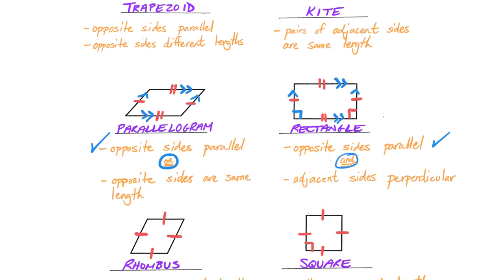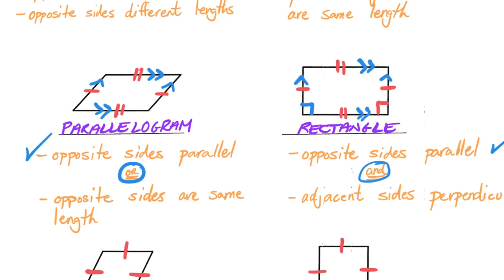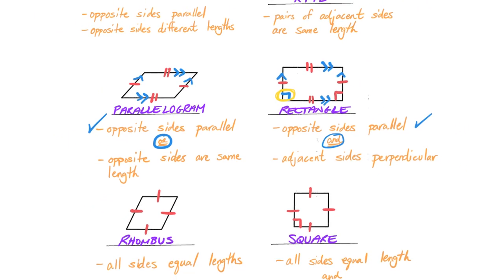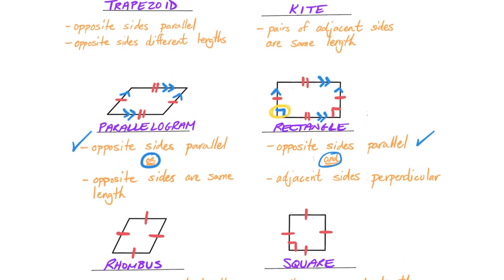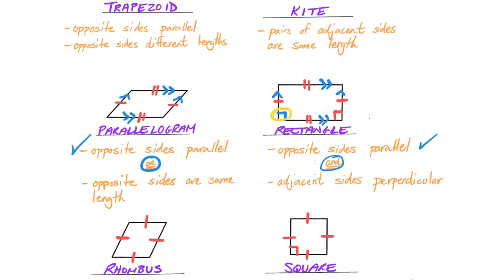Look at that word in between: and. My rectangle has one other property. I'm just going to go onto that rectangle and zoom in a little bit so we can see that blue angle marker in the corner. The extra property that my rectangle has is that my adjacent sides have to be perpendicular.